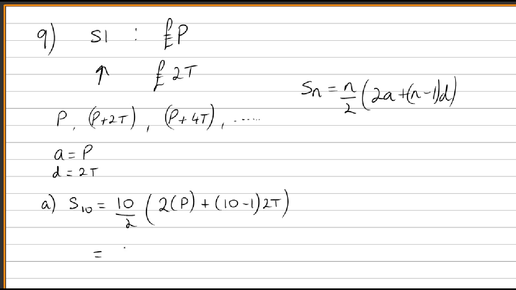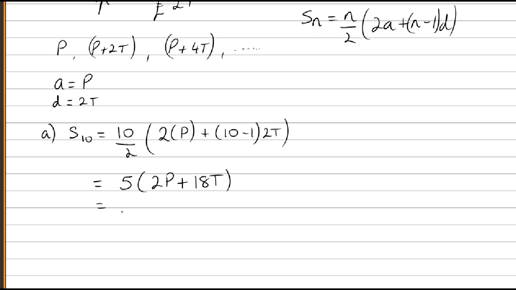Well, 10 divided by 2 is 5, and then we've got 2p plus 18t, which equals 10p, or 5 times 18 is 90t, and that is the answer as required in the question.